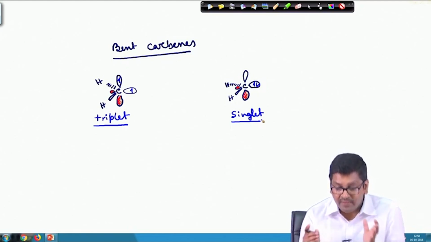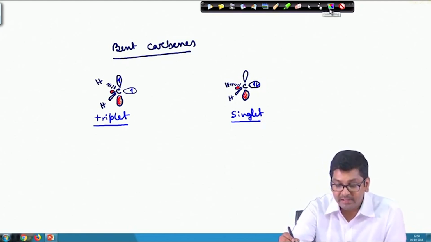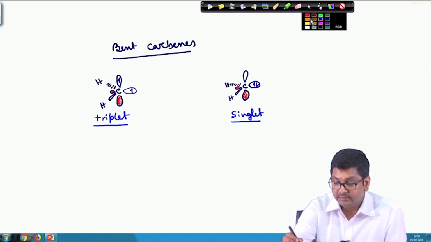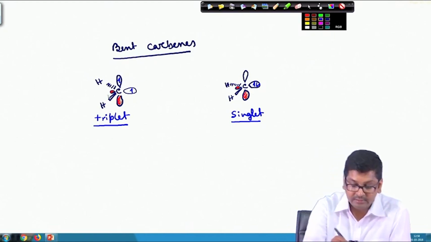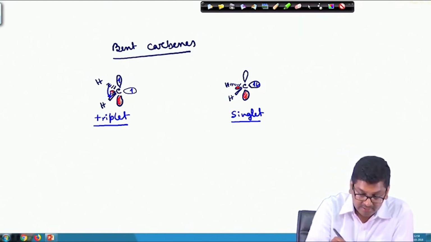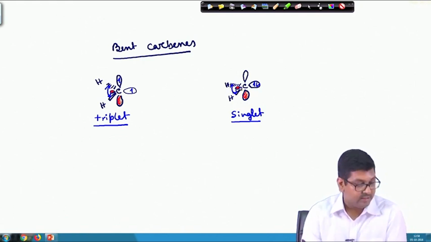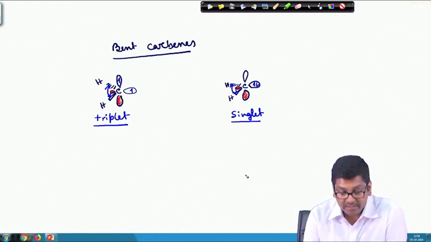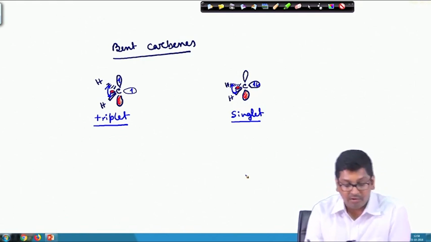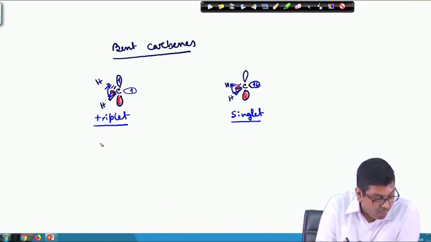Now, even though they are bent, what will be there? These bond angles. That means we calculate this and this. The bond angles, it has been found for triplet carbenes, the bond angles are larger.